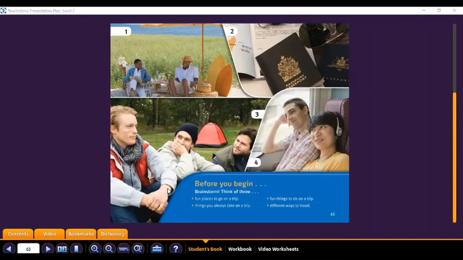No. De las que tienes aquí abajo donde dice Before You Begin, hay una parte que dice Fun Places to Go on a Trip. De esta vas a hacer una y otra vas a hacer de different ways to travel. Ok. Ok, vale, gracias. Nada más 3 de cada una, por favor.